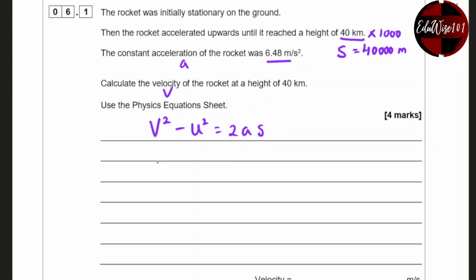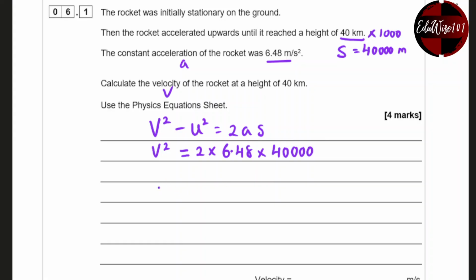So v squared minus 0, so let's ignore that, equals 2 times the acceleration, which is 6.48, multiplied by 40,000.